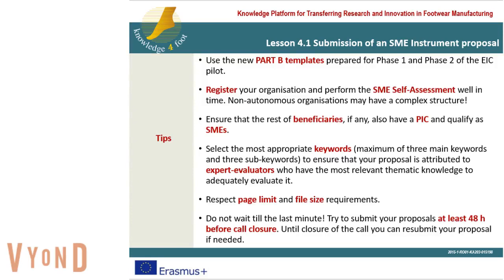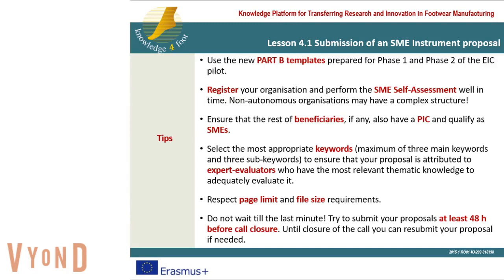Some useful tips. Use the new Part B templates prepared for Phase 1 and Phase 2 of the EIC pilot. Register your organization and perform the SME self-assessment well in time. Non-autonomous organizations may have a complex structure. Ensure that the rest of beneficiaries, if any, also have a PIC and qualify as SMEs.